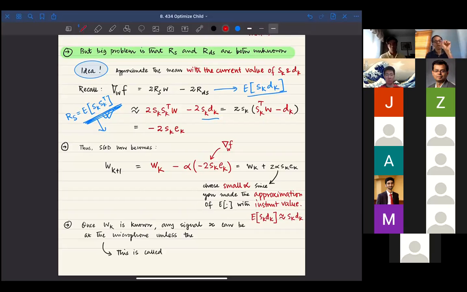For that, you want to choose a small alpha. Because if this approximation is wrong, and the gradient is pointing in the wrong direction because of the approximation, and if a large alpha, you'll end up going in the wrong direction.